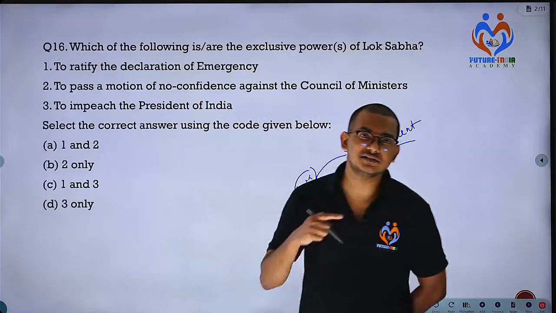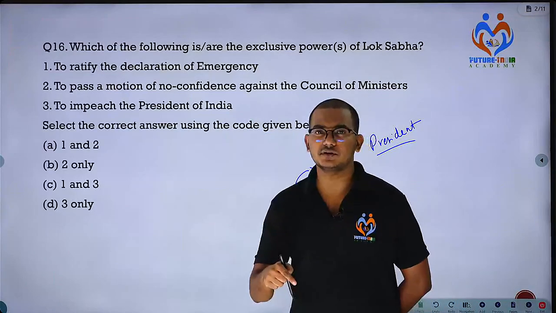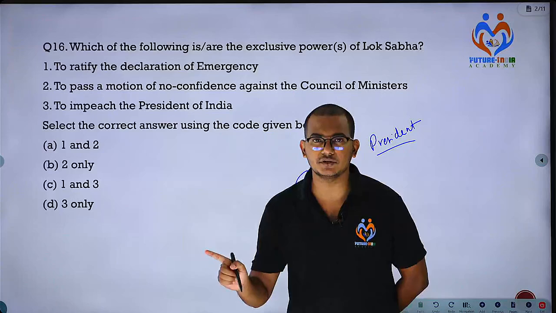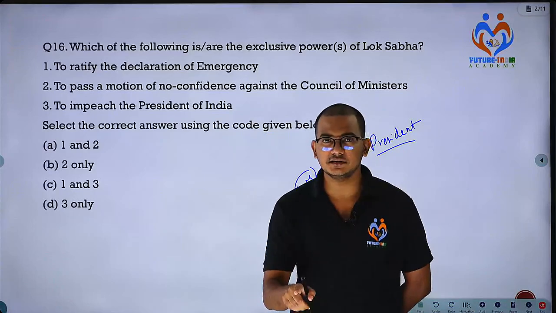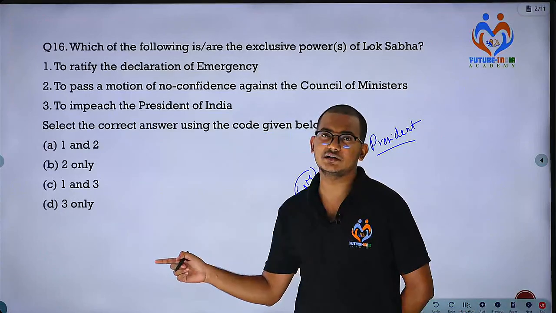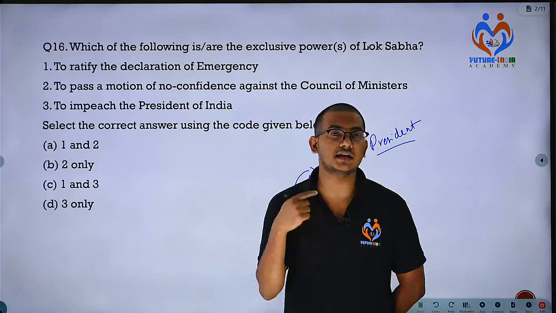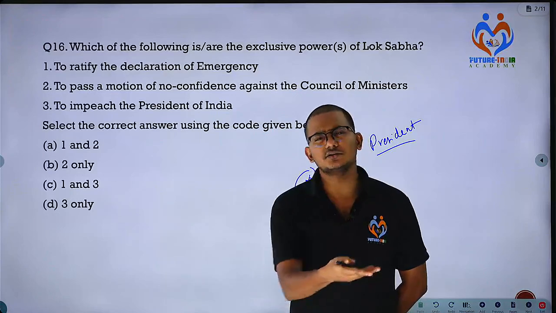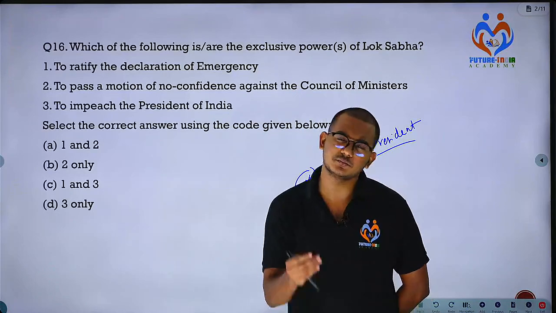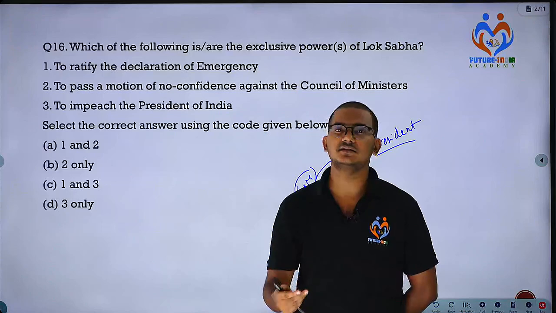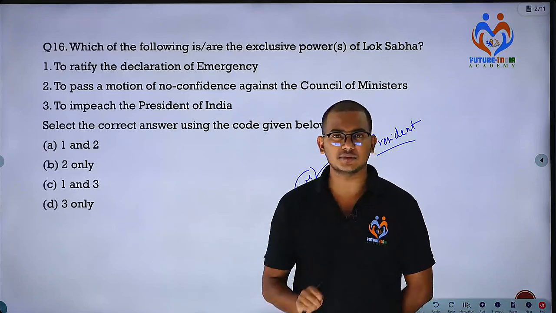So the president will check the paper for the signature of each and every cabinet minister. If anything is missing, then this is his discretionary power. He can reject it and ask the prime minister to go back and get the missing signature, for example Nirmala Sitharaman's.